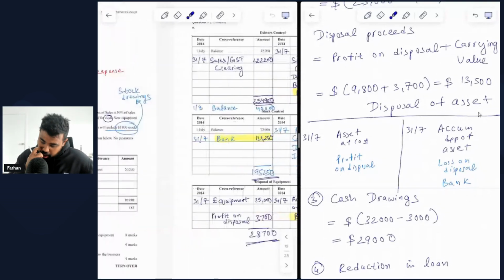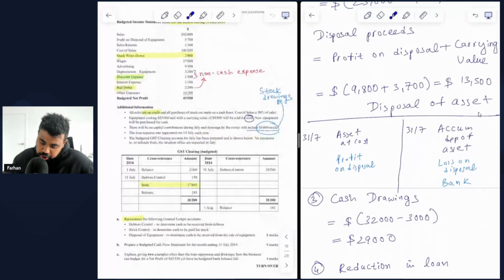Now, I want to also show you the second line of the second additional information, which says new equipment will be purchased for cash. So we want to know how much are we paying to purchase this new equipment for cash. All right.